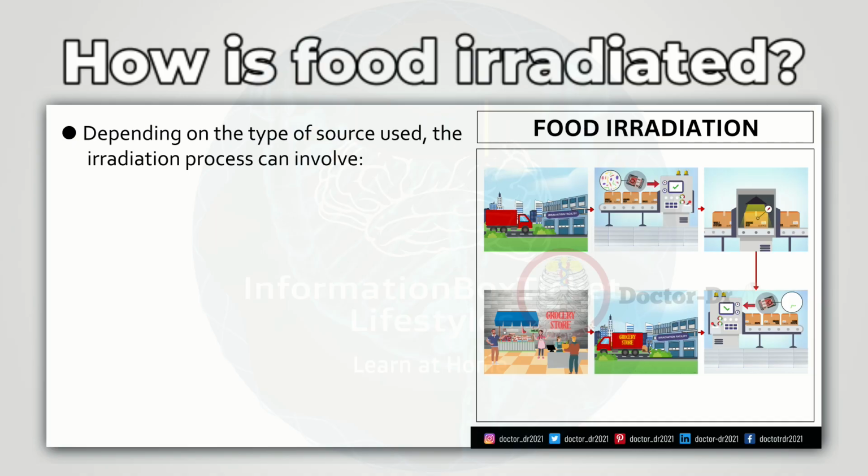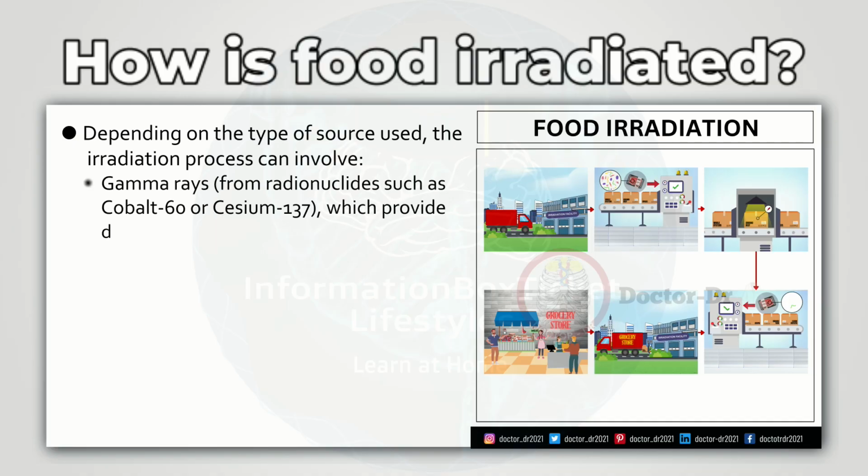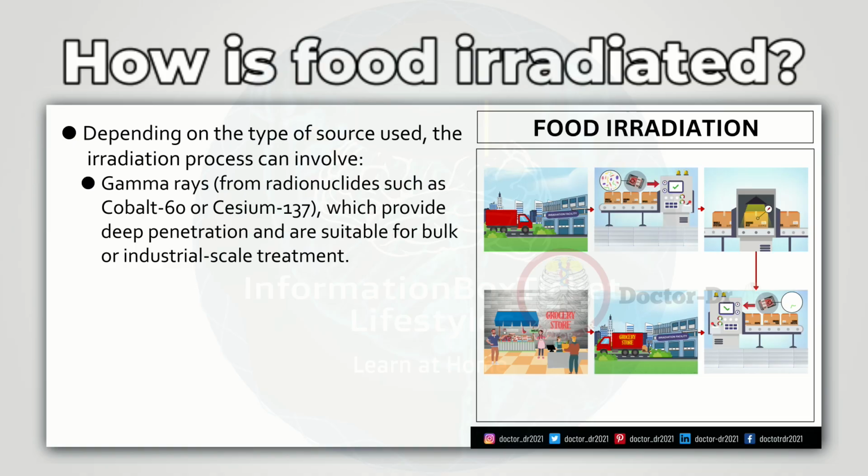Depending on the type of source used, the irradiation process can involve gamma rays from radionuclides such as cobalt-60 or cesium-137, which provide deep penetration and are suitable for bulk or industrial-scale treatment.